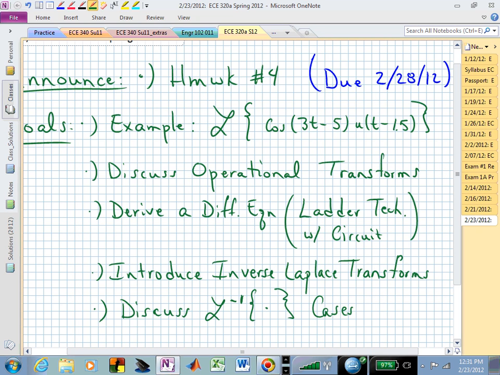Your cosine waveform has now been delayed potentially a different amount than when you're switching it on, so the zero is not lining up with right when the cosine waveform kicks in at time 0. Then we'll look at some more operational transforms.